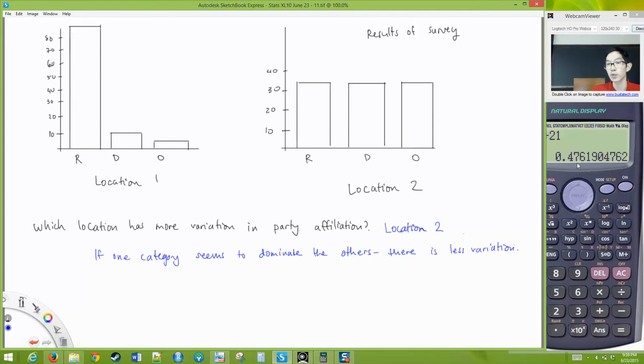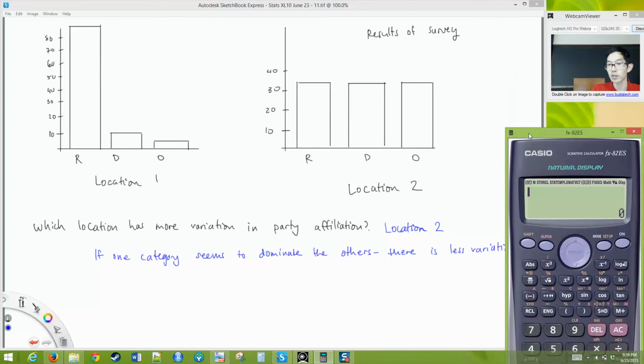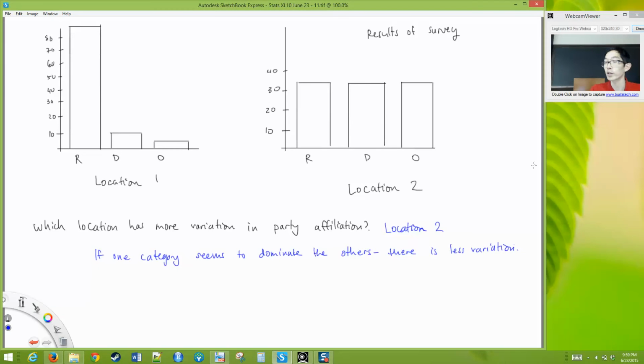So in a time when everybody looks the same or thinks the same, you've got less variation, and that might make for easy policy making, but it could also make the people in the smaller categories feel oppressed or things like that, you know, whatever. But that's what we have going on.